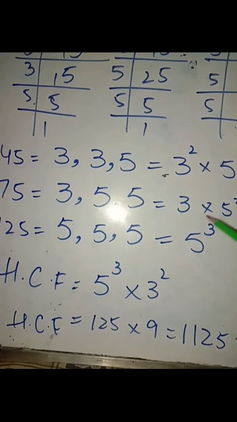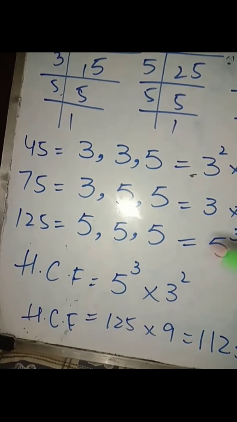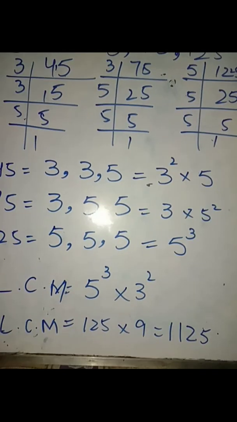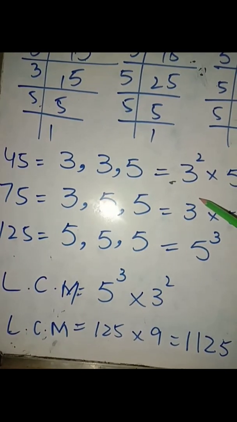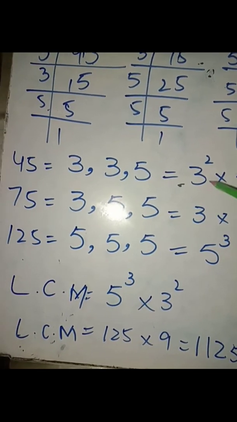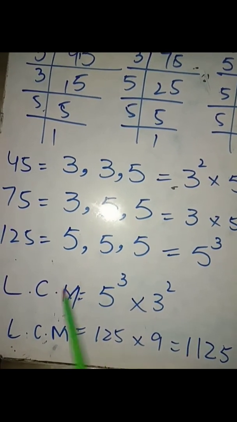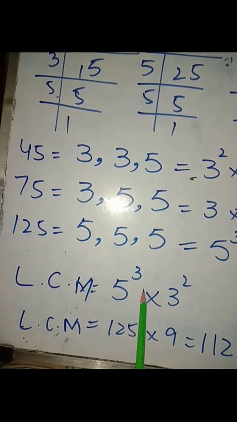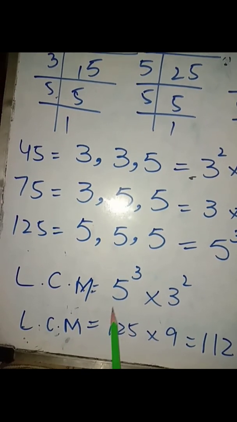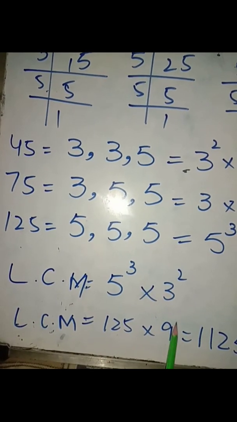What would be the LCM then? LCM will be the highest degree. In LCM we take the highest degree. The highest degree of 3 is 3 square, because here is only 3 square, and the degree of 5 is 5 cube. So I took LCM as 5 cube and 3 square. 5 cube gives us 125, 5 5s are 25, 25 5s are 125, and 3 square gives us 9.